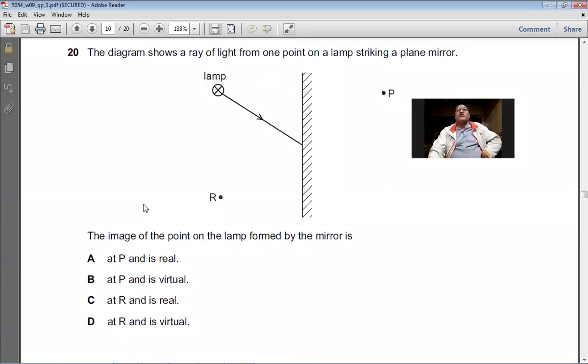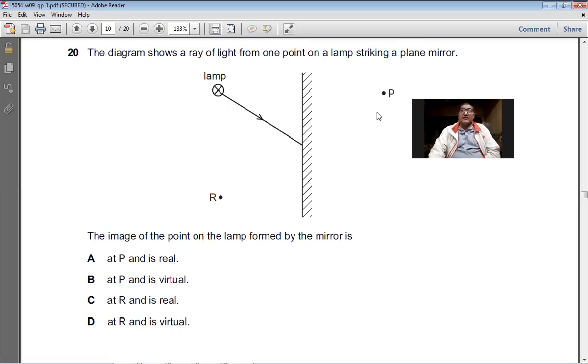Okay, so the next question. The diagram shows a ray of light from one point on a lamp striking a plane mirror. The image of the point on the lamp formed by the mirror will be here somewhere, where this line will be prolonged and cut, and this line will be produced behind the mirror.